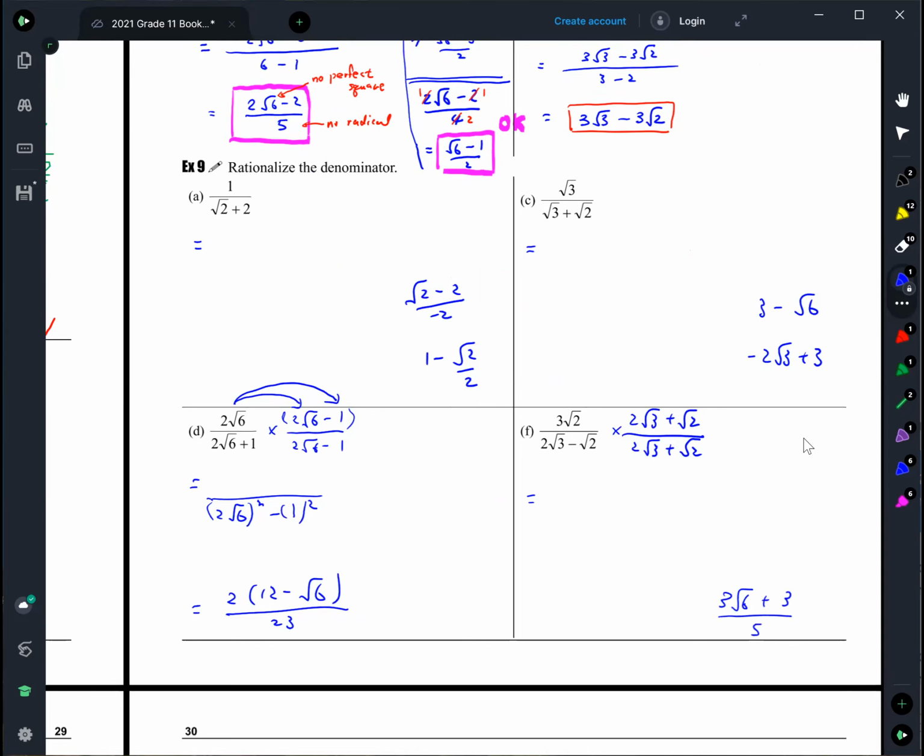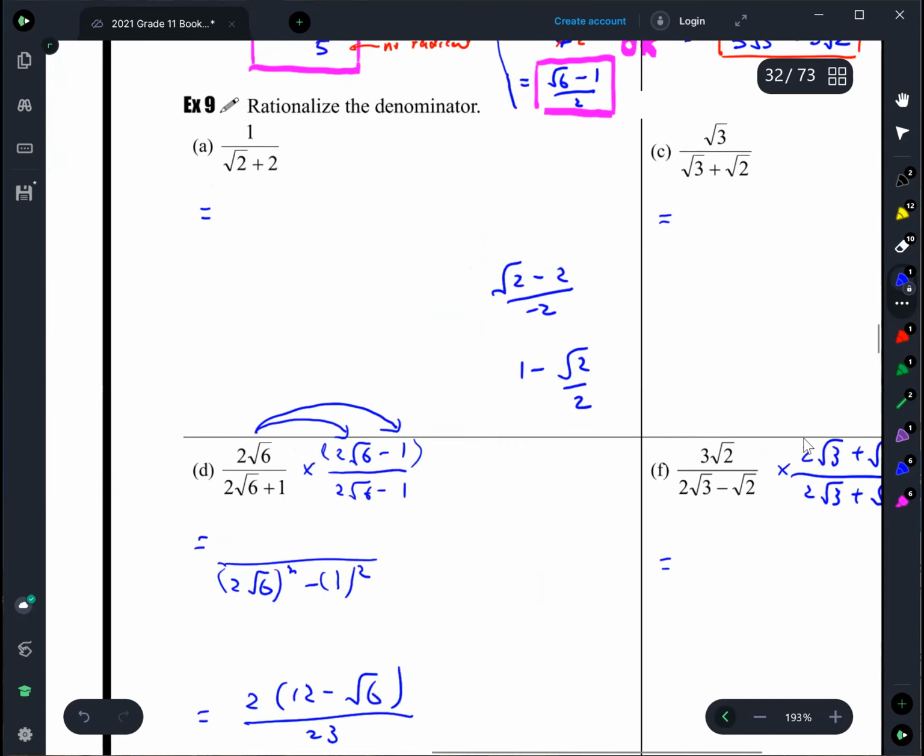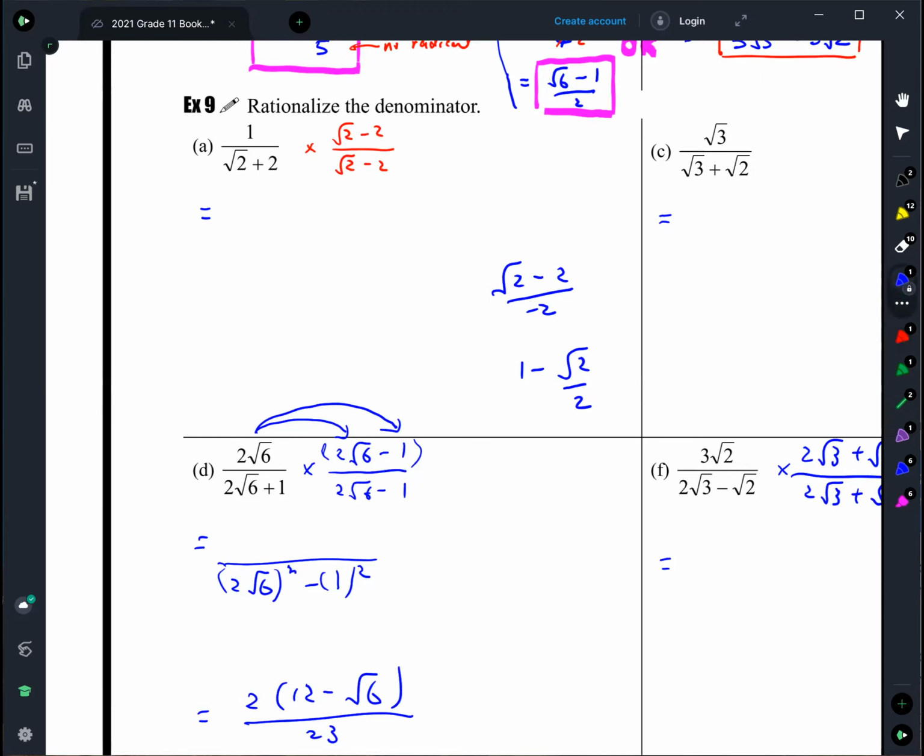All right, so let's start with question A. Question A is just multiply by, check with your steps, the conjugate. So it should be the minus. Numerator is just 1, right? 1 times the two things, so it should stay the same.